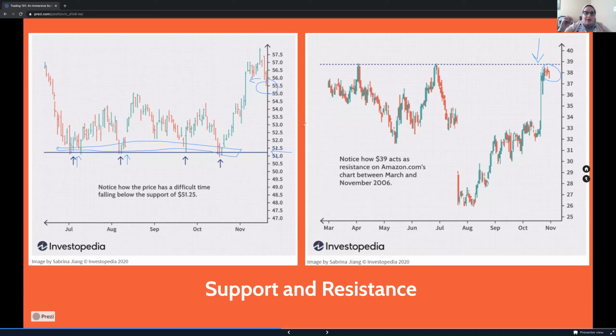And on the flip side, resistance represents an area where the sell orders, the profit taking, are greater than the buy orders. If you're thinking about it like a tug of war, the sellers won at the line of resistance, and it's coming down. So that's what it represents, the buyers and sellers.